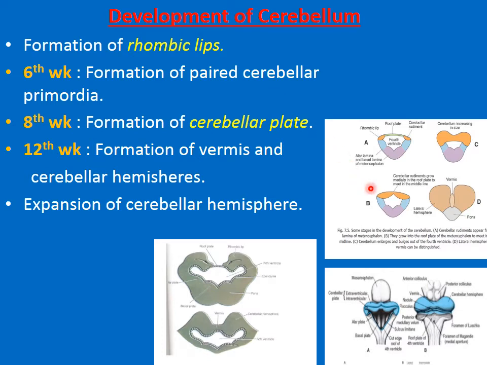With further growth, there is a thickening of these rhombic lips, which results in the formation of the paired cerebellar primordia.